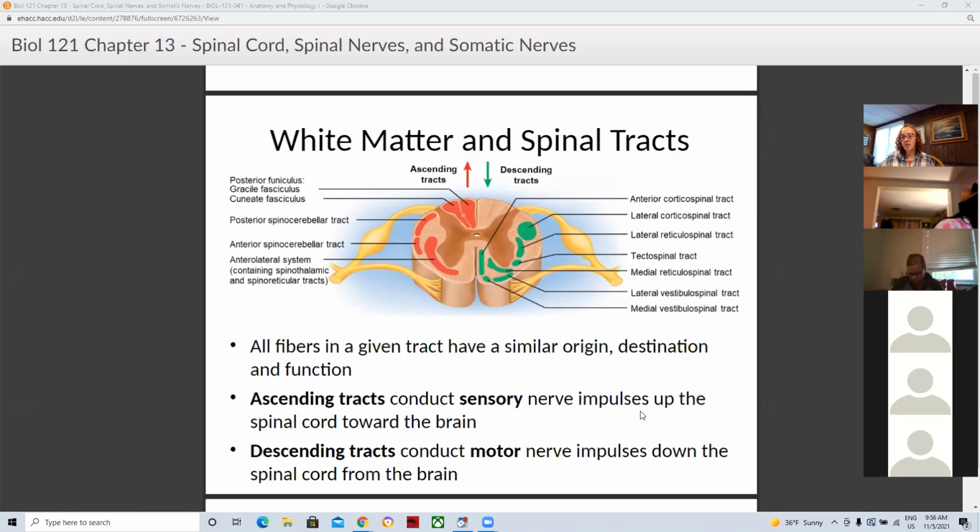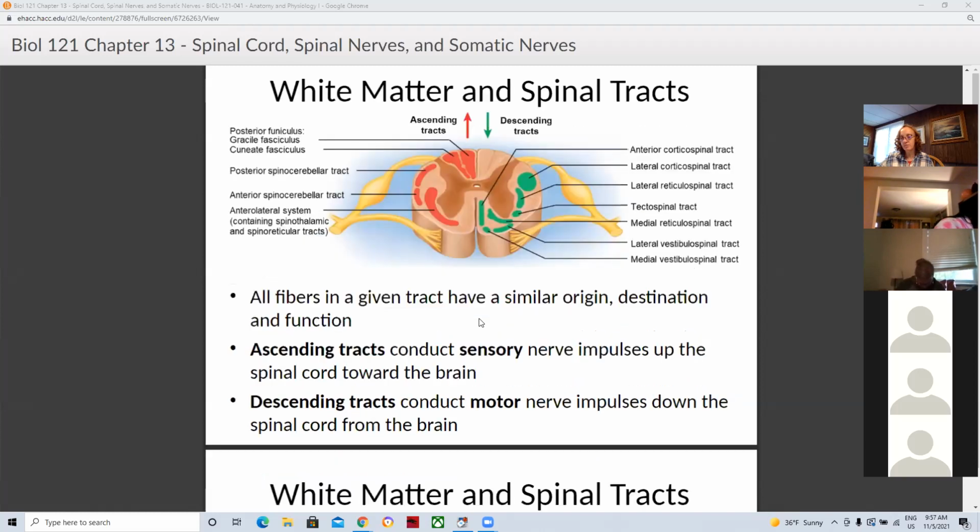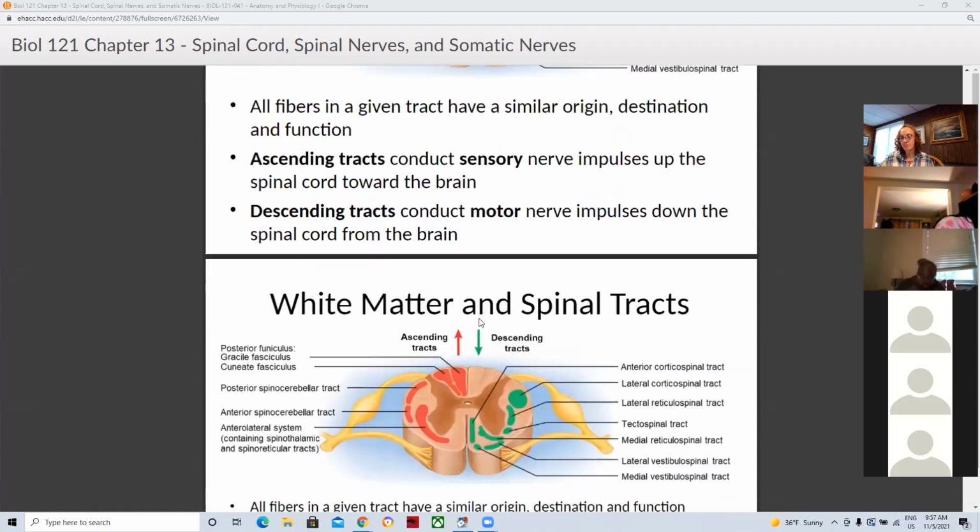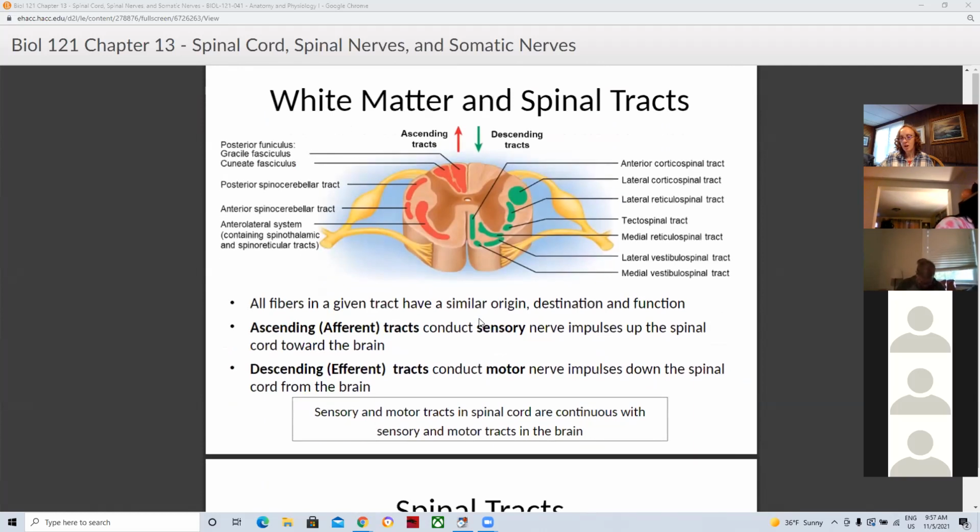So the sensory and the motor tracts in the spinal cord are continuous with the sensory and motor tracts in the brain.